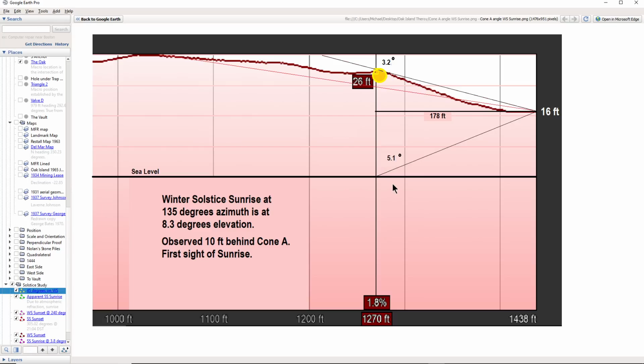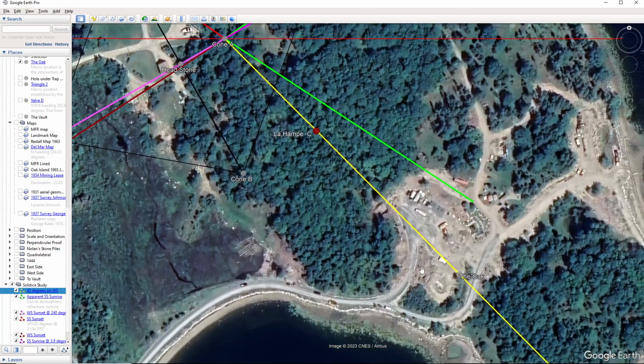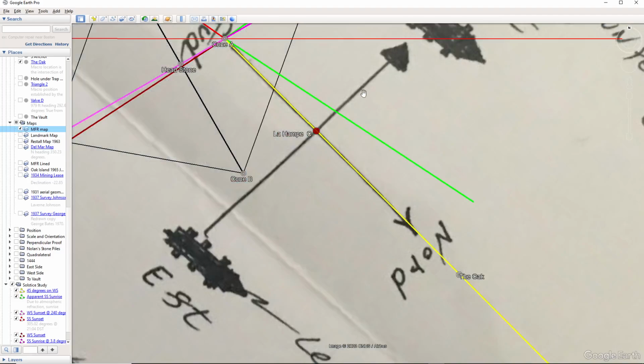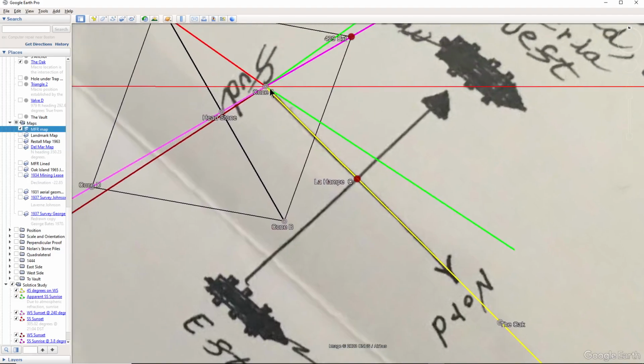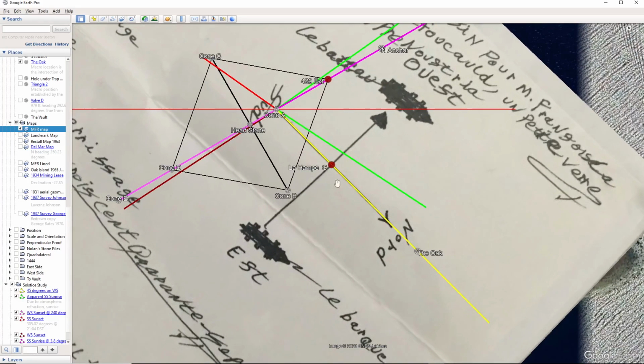And that is the 45-degree angle from La Formula that goes to the Oak entrance and through La Hampe. This has to do with the Zena-Halpern map because it is the north arrow. When the Zena-Halpern map is oriented, it is the north arrow that creates the 45 degrees that goes down there.